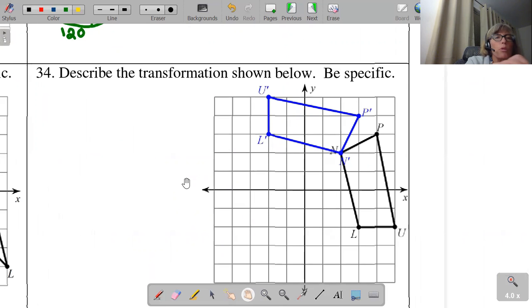This is a 90-degree rotation, and it's a 90-degree rotation counterclockwise.